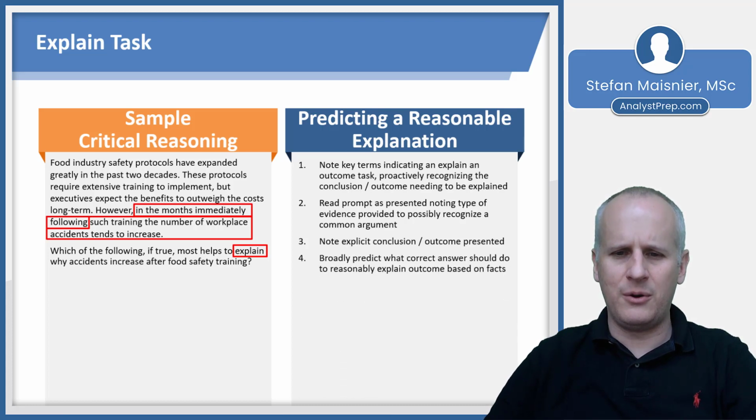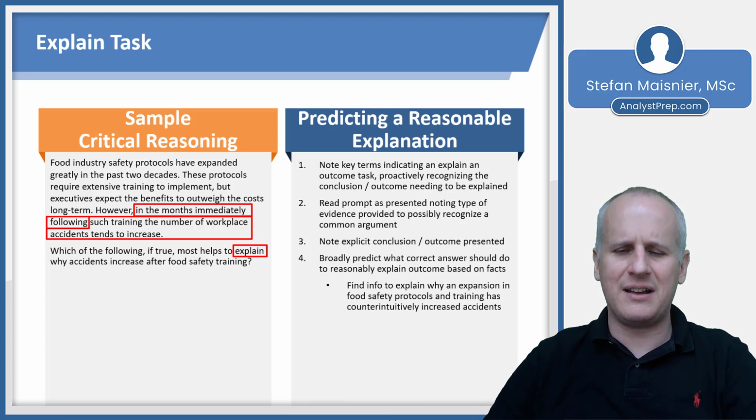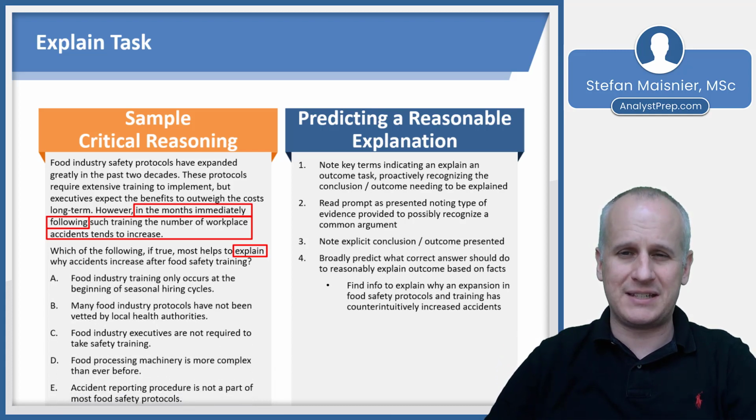So we'd note that and broadly predict what the correct answer should do, which is to find a reason that the expansion in food safety protocols and training has counterintuitively actually caused accidents to increase. So we need to find some answer choice that explains that causal relationship that seems, at the outset, relatively counterintuitive.